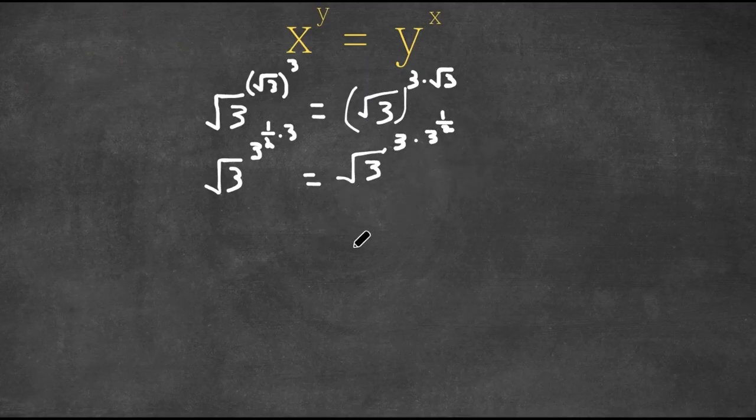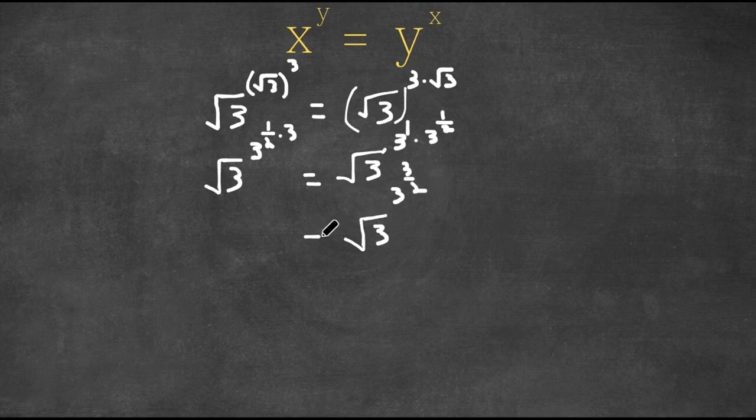Now, on the right-hand side, we're going to end up with the square root of 3 to the power of 3 and 1, because this is 1. When we're multiplying exponents, we add our exponents, right? So 1 plus 1/2 is 3/2.